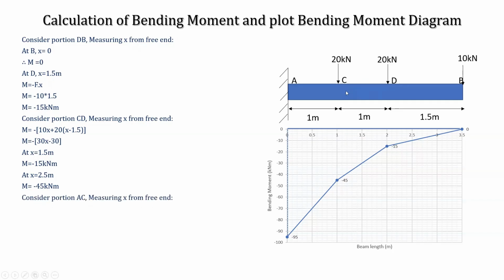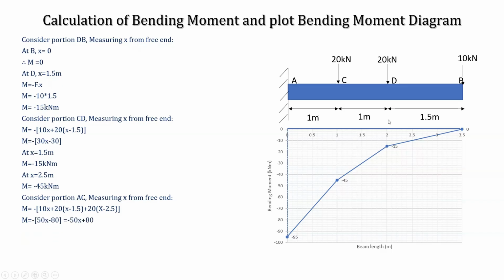Next is considering the portion AC. Measuring from the free end, x from the free end is equal to 1 meter. So this is the moment calculation: minus of 10 into x plus 20 into x minus 1.5 plus 20 into x minus 2.5. So that is the total distance.